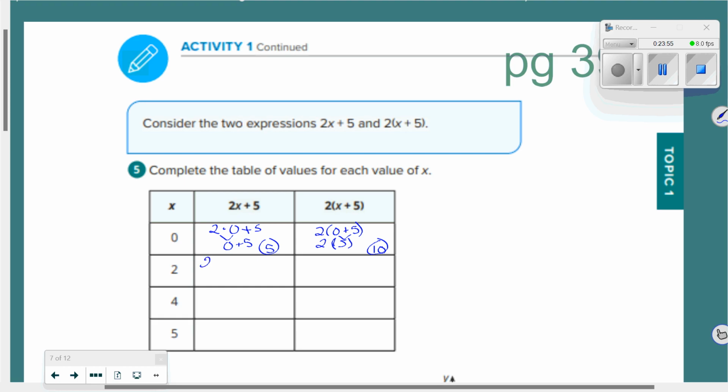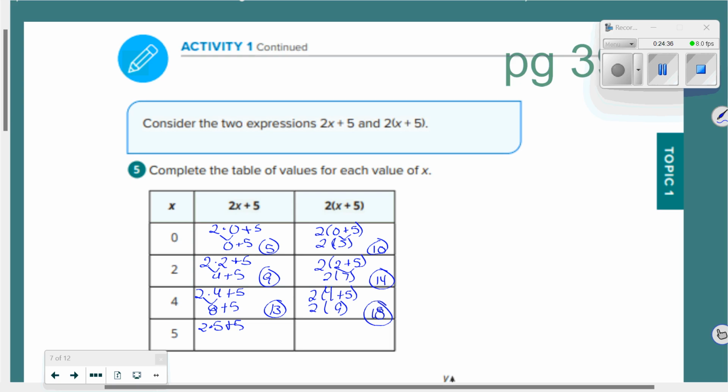All right. Then I have 2 times 2 plus 5. What is 2 times 2? 4. 4 plus 5? 9. Then I have 2 plus 5? 7. 7 times 2? 14. 2 times 4? 8. 8 plus 5? 13. 4 plus 5? 9. 9 times 2? 18. 2 times 5?